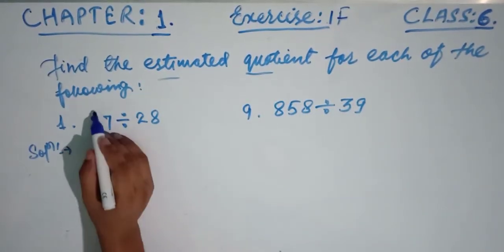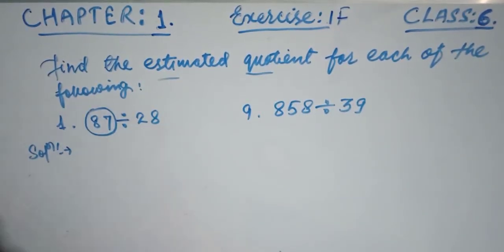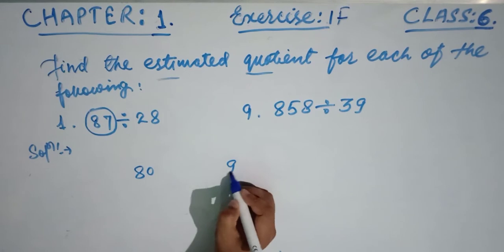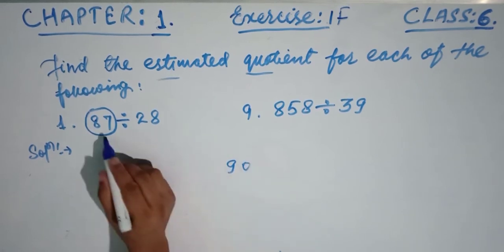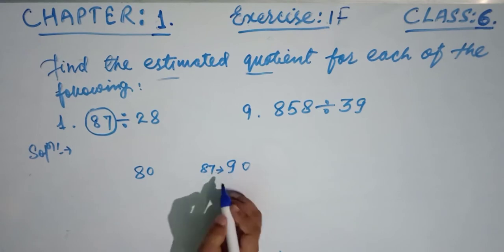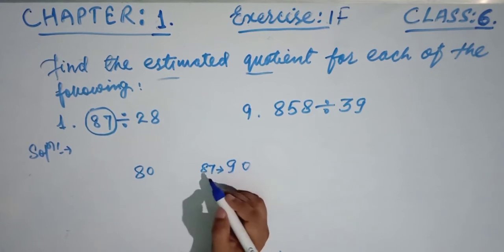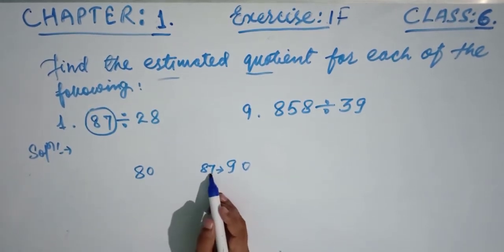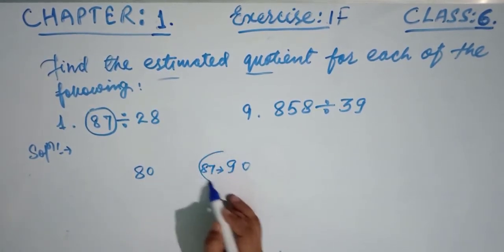Estimated means, first of all, see, friends, these are 2 digit numbers. Now look, this is 80 and this is 90, and 87 is in between them. 87 is nearest to 90 and very far away from 80. So the nearest value of 87, if we round it, is 90.